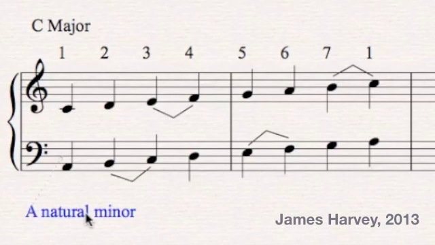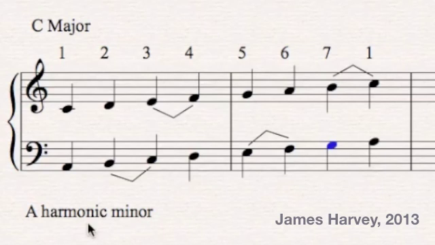I'm going to change this type of minor scale to harmonic minor, a very common variation of minor which happens in harmonies. And to turn this into a harmonic minor scale, I only need to change 1 note, and that's the 7th scale degree.